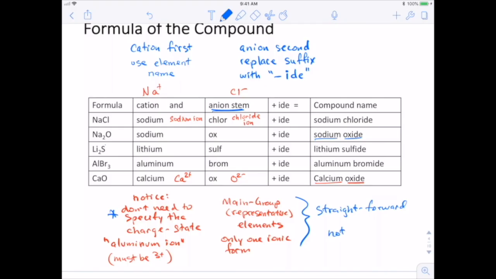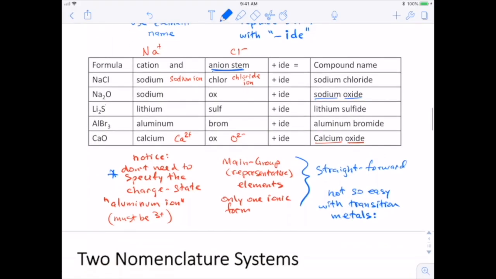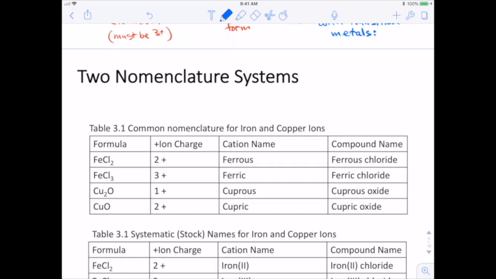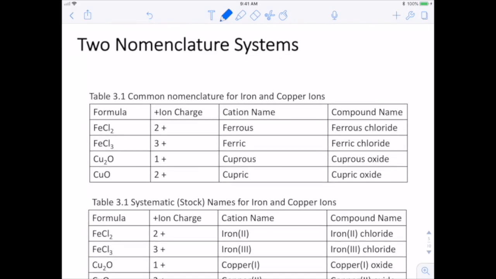It's not as easy with the transition elements, with the transition metals. Transition metals, as we'll see on the next slide. And that's because with the transition metals, you can have multiple charge states for a particular transition metal ion. So let me explain that for you now. And there's actually 2 nomenclature systems that are used to describe that.